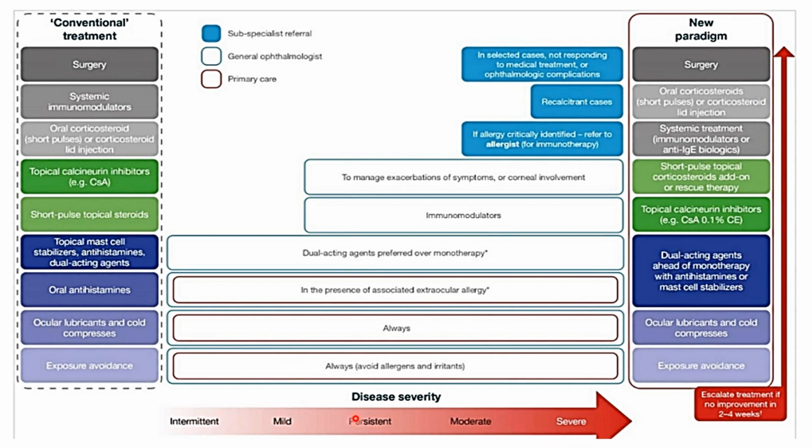However, in case of moderate VKC, you continue with the same treatment, that is mast cell stabilizers and antihistamine. But you can increase their frequency if needed, and then, if needed, add a short term pulse therapy with topical corticosteroid. Here you can use chloromethadone or loteprednol for short term use to control the inflammation.